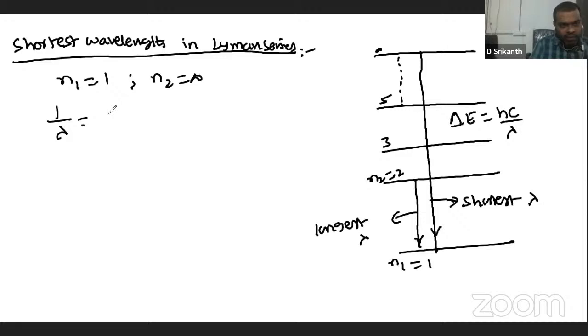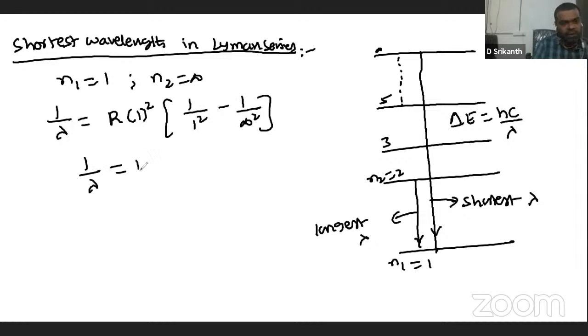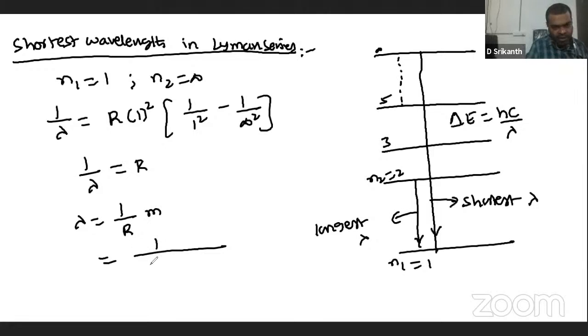So 1 by lambda equals, since it is a hydrogen atom, Z equal to 1, 1 by 1 square minus 1 by infinity square. So 1 by lambda equals R, and lambda equals 1 by R meters. The value of R is 1.094 into 10 power 7.